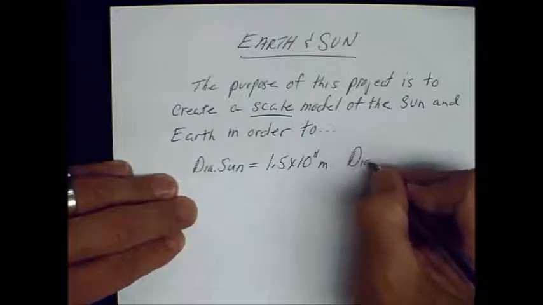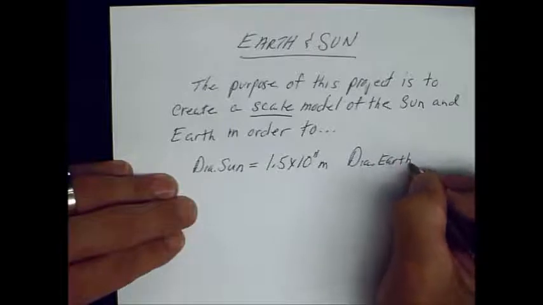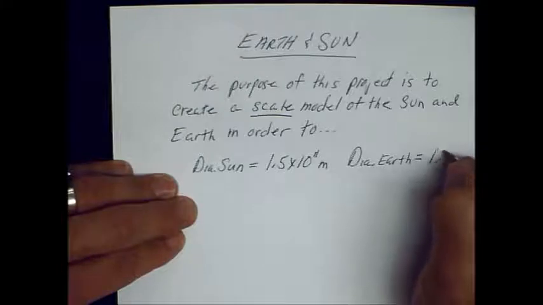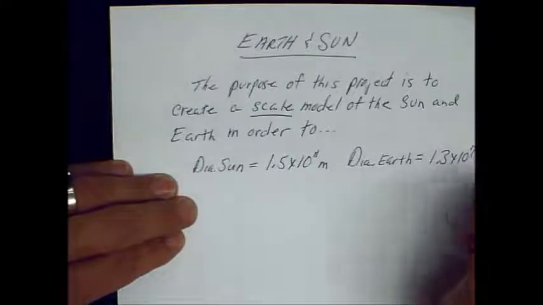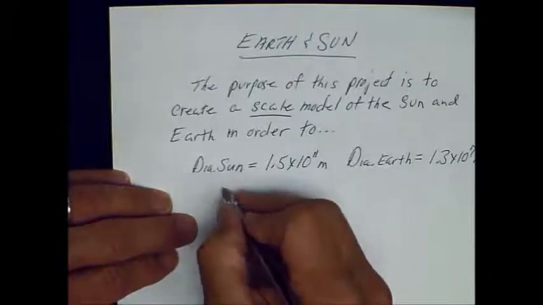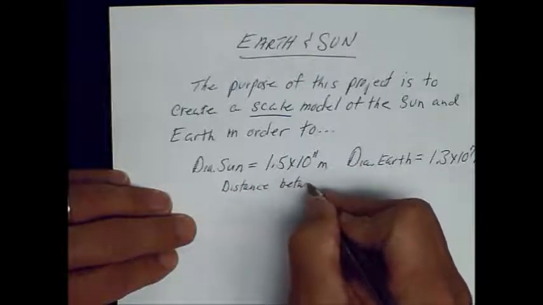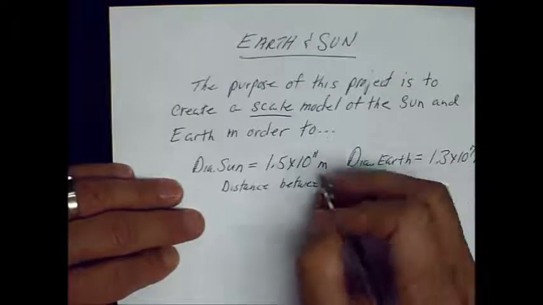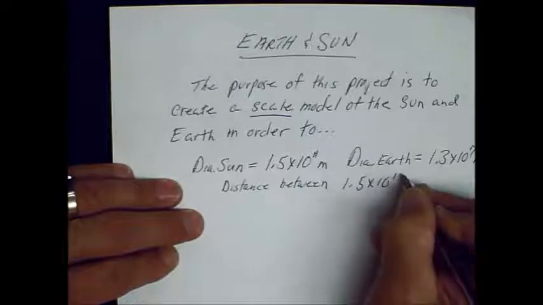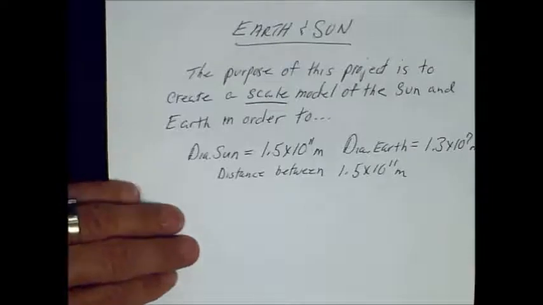The diameter of the Earth is equal to 13 million meters, and the distance in between is equal to 150 billion meters. Okay, so that's step 2.